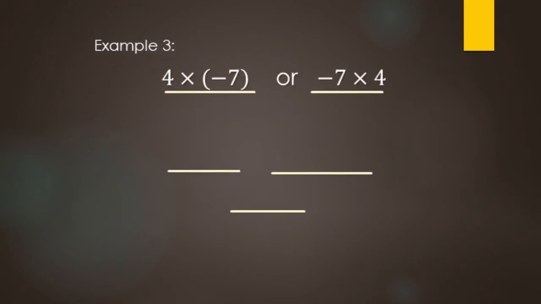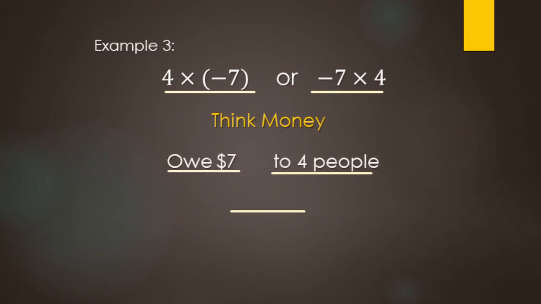So for this example, it can be written either way. I know there is a mathematical difference between the two, but in our brains when we're doing these, we're just going to look at them the same. So we have 4 times -7, or -7 times 4. If we're thinking money, what does that -7 represent here? It represents that you owe $7.